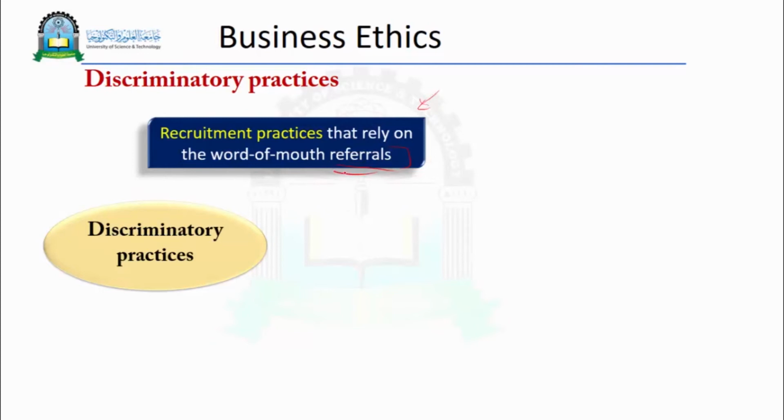This referral is actually affecting other individuals who can be even better at doing the job. So this can be found especially in countries like Yemen, unfortunately, and other underdeveloped countries, where jobs are not designed properly, they're not analyzed, and the way people are accepted into jobs is not based on a systematic approach.